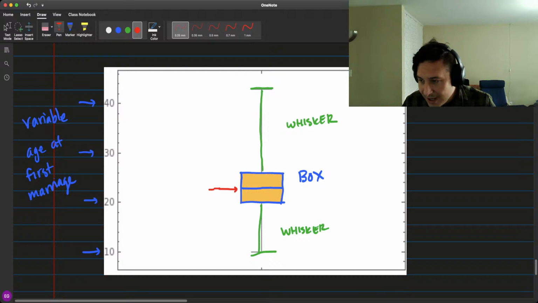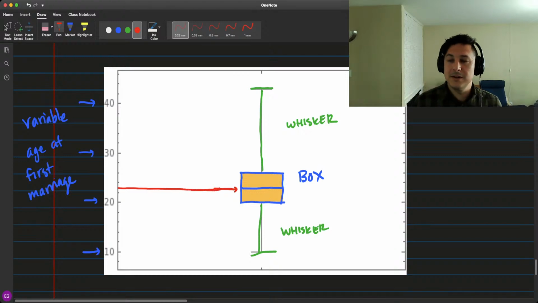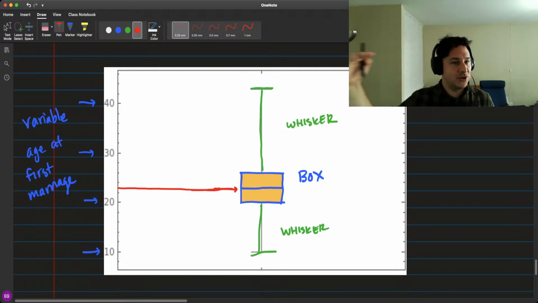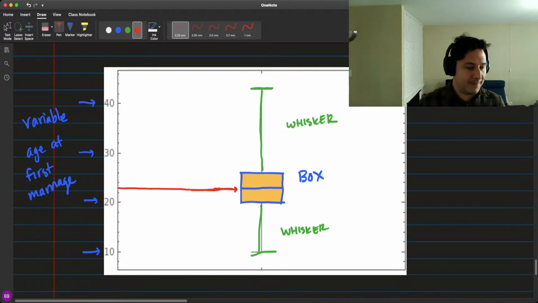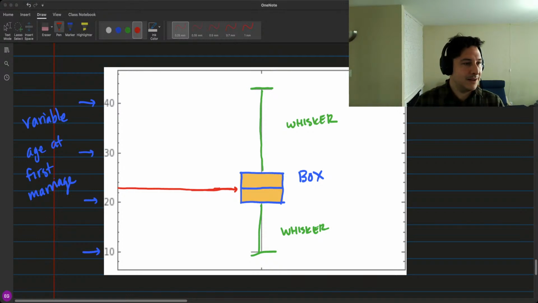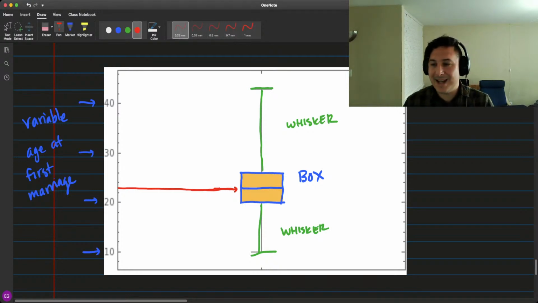And I'm going to draw over so you can see approximately what number value that line is at. Did you see how I drew a line over so you can see where it matches up? Yeah, exactly. This is 23. You're always going to have a line somewhere in the box, and that's always the median. So that's your median.